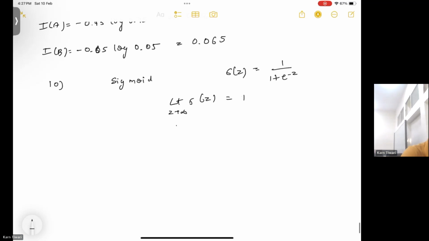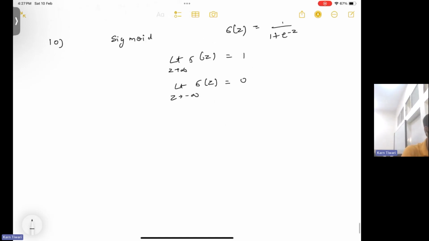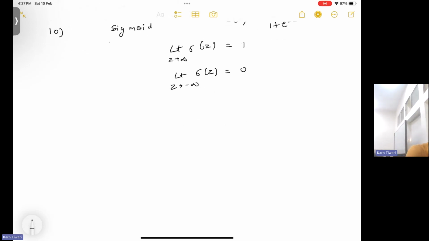Sorry for the mistake earlier. As z tends to minus infinity, e to the power infinity makes it 1 divided by infinity, which is 0. So it achieves 0 only in the limit. That's why the answer is A, sigmoid.